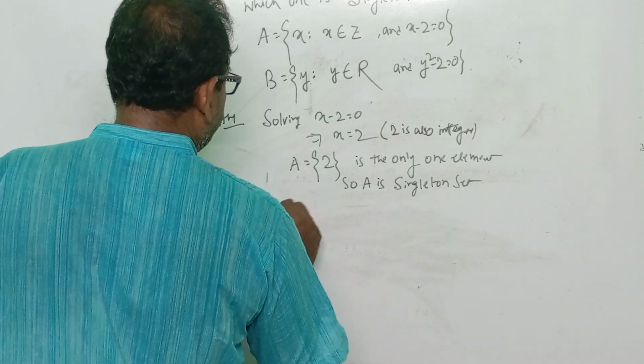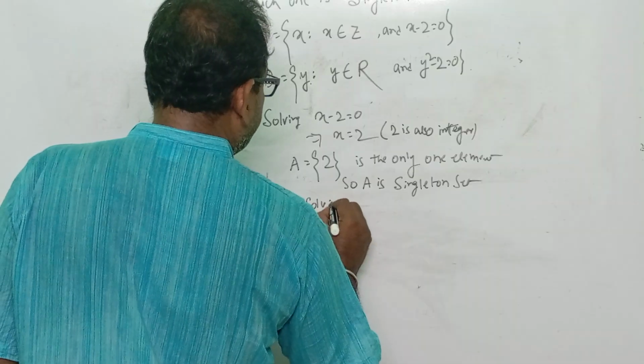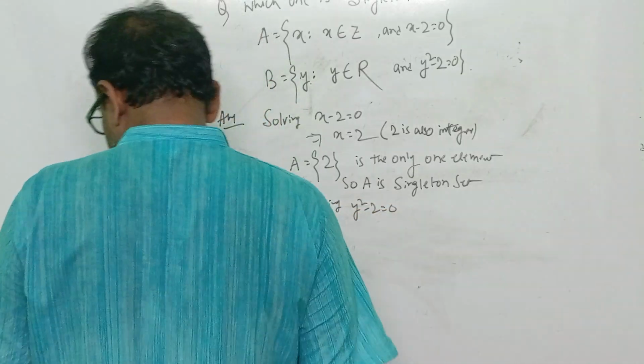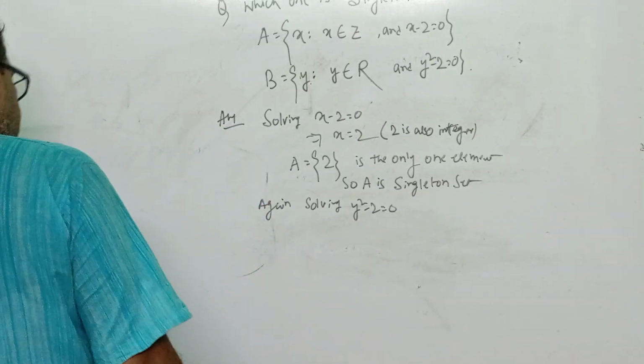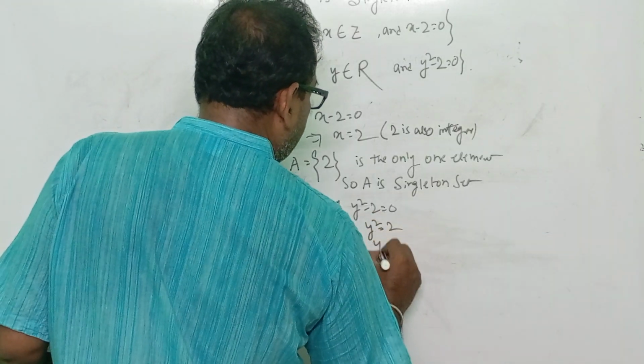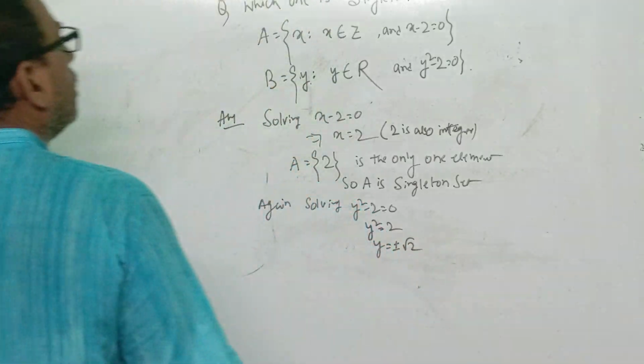Again solving y square minus 2 is equal to 0. Then y square is equal to 2, y is equal to plus minus root 2.